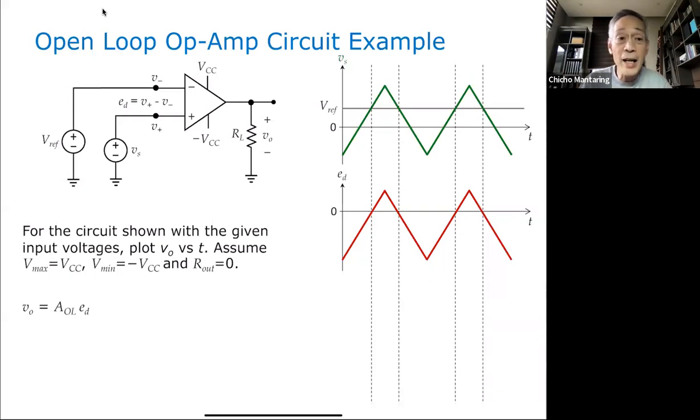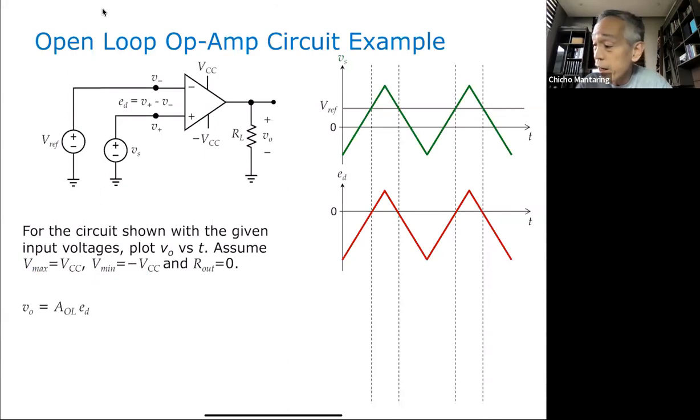However, we mentioned that the maximum voltage cannot exceed VCC. So this is an assumption. And the minimum voltage cannot be smaller than minus VCC. Okay. So what will happen?